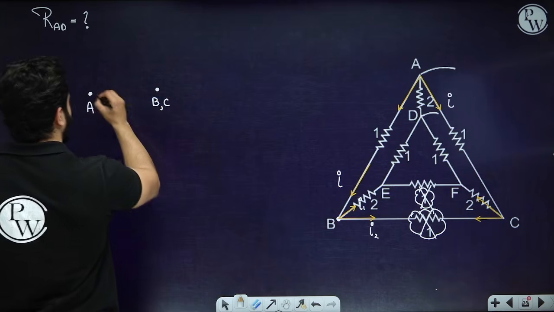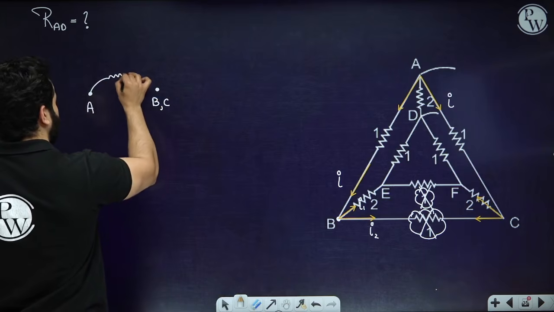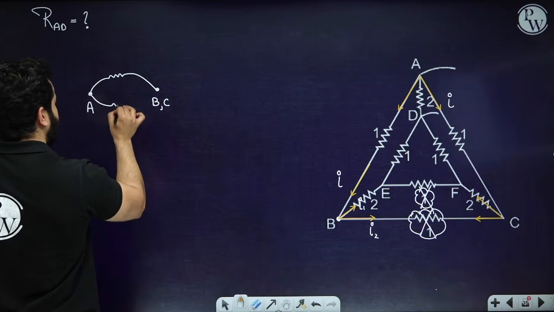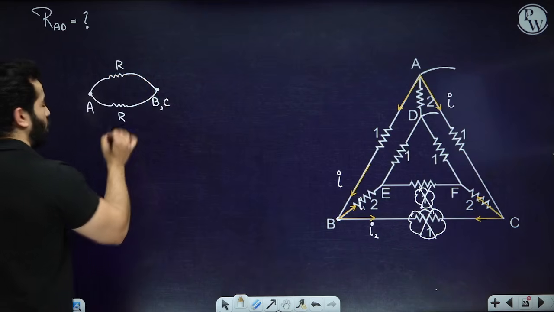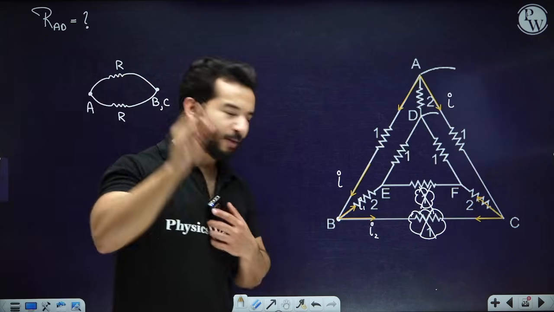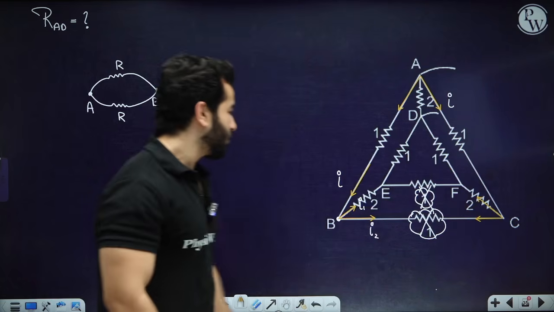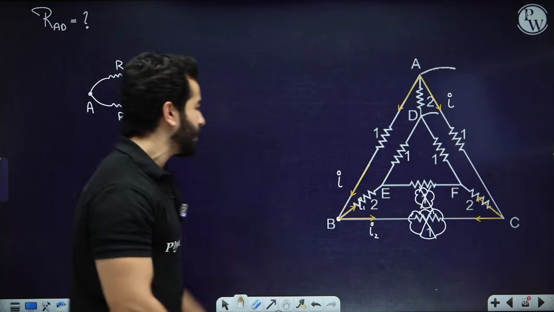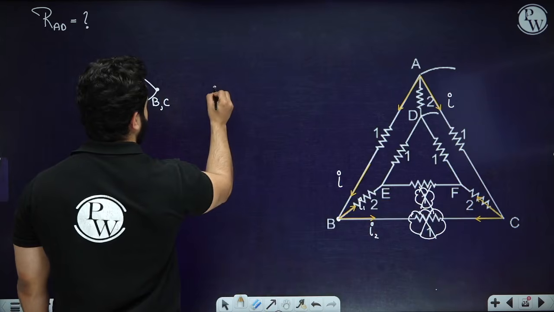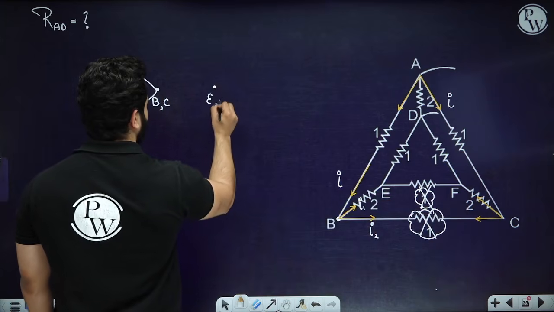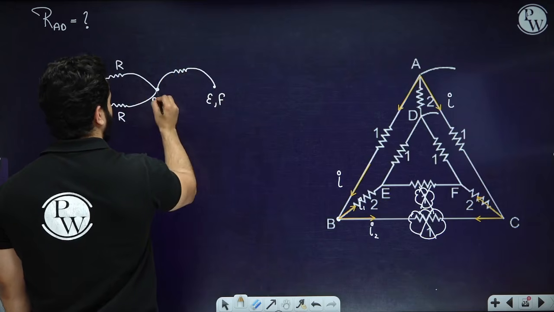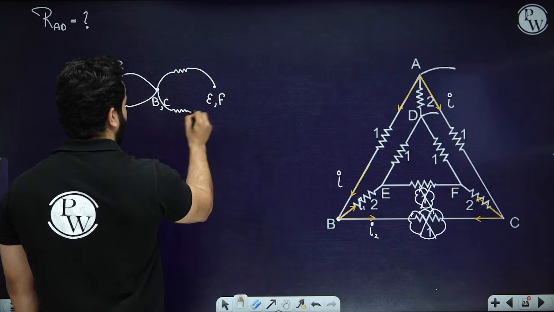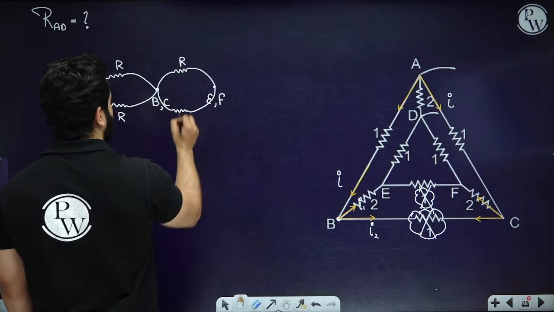B comma C, and let's mark two resistors from A to B and A to C, and there is no reason to draw the resistance between points B and C because they are at the same potential. Now similarly from B to C, let's mark another point E comma F. So from B to E and from C to F. So again R and again R.